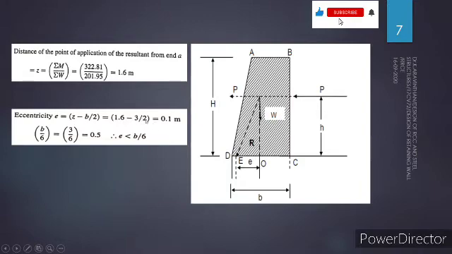So 3 by 2 is 1.5. Z, what we got from A, is 1.6. If you subtract that, you will get 0.1 meter as the eccentricity. E is lesser than B by 6. Hence it is safe against the resultant force.